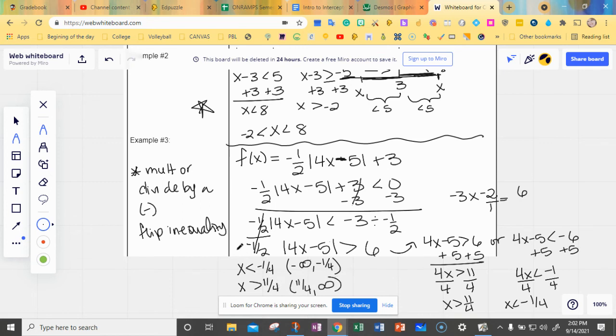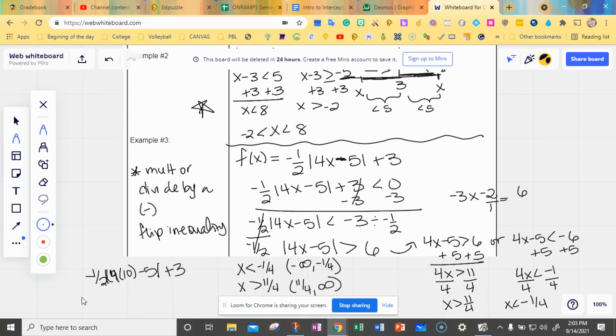And I can test that out a little bit. So if I pick something greater than 11/4, I don't know, let's say 10. So 10 is greater than 11/4. If I plug 10 in here, I should get a negative value. So let's try it. 4 times 10 minus 5, absolute value of that, plus 3.